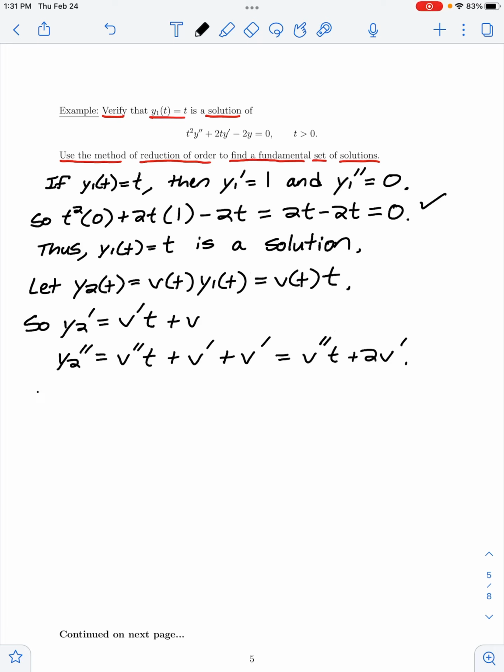So let's take these expressions and substitute into the ordinary differential equation that we were given.